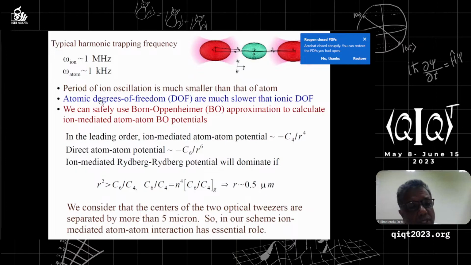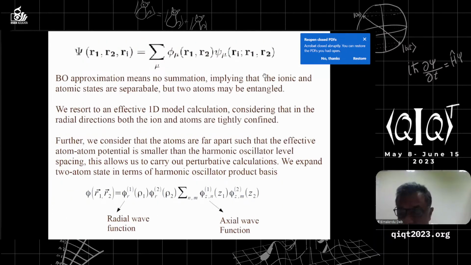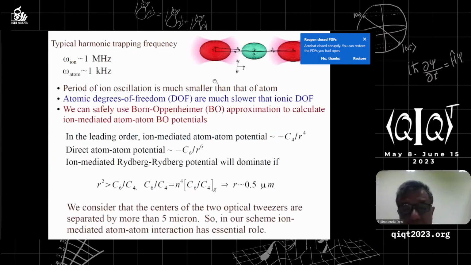The atomic degrees of freedom, their positions and momentum variables, are much slower than the ionic degrees of freedom. So we can safely use the Born-Oppenheimer approximation to calculate, say, the ion-mediated atom-atom interaction potential. These are called Born-Oppenheimer potentials.